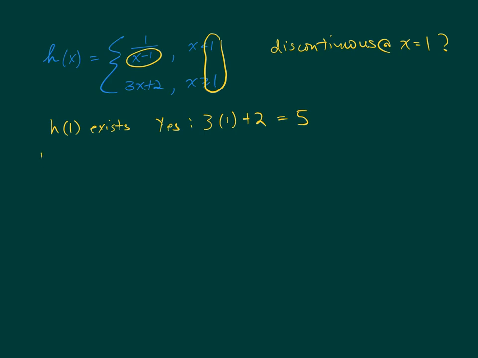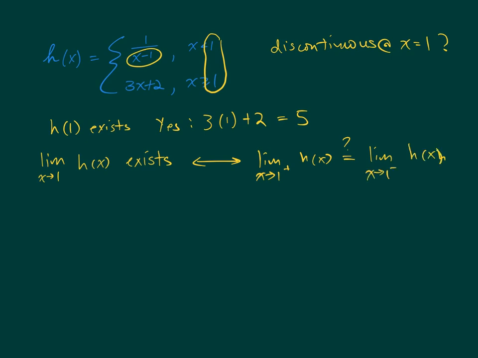We need to check that the limit as x approaches 1 of h of x exists. Since we have a piecewise function that is broken apart at x equals 1, we should check the limit as x approaches 1 from the right of h of x and the limit as x approaches 1 from the left of h of x.